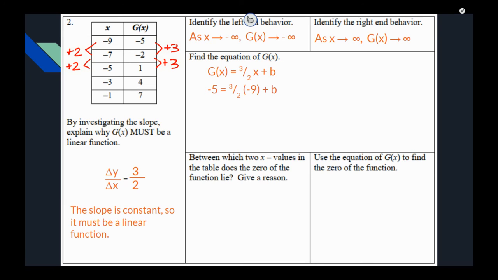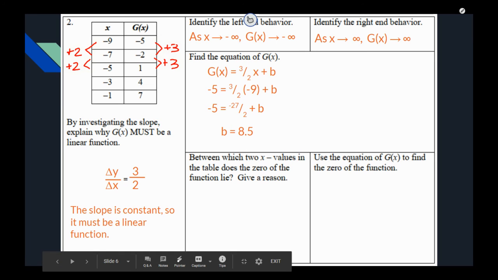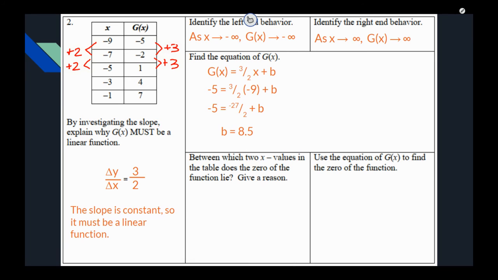Then you get to solve for that. Hopefully you got b is 8.5 or 19/2. So your equation is g of x equals 3/2 x plus 8.5, or 19/2.